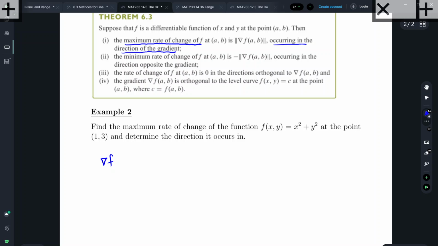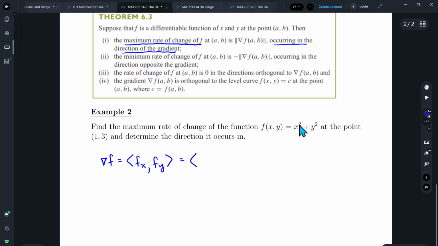The gradient of f, again, is just the vector with the partial derivatives. So what is the partial derivative with respect to x? This term gives 2x, and this term doesn't contain any x, so it goes away. Now the partial with respect to y, this term goes away, and we just get 2y.